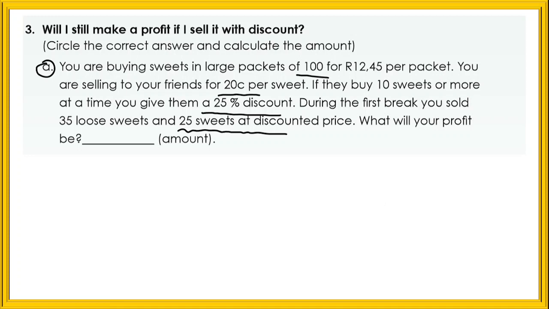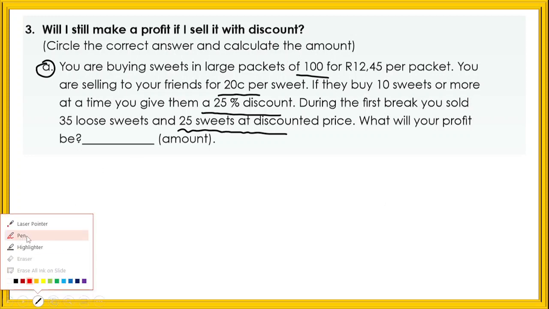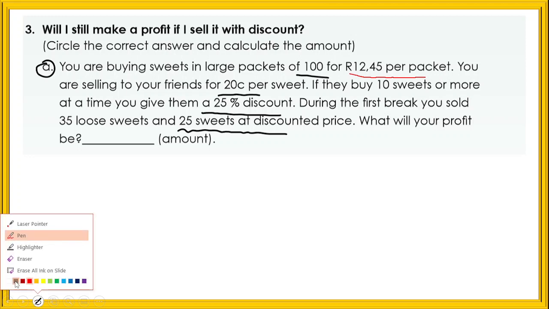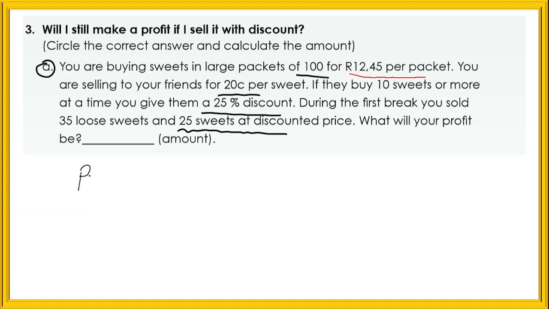Remember, we bought our sweets for 12 rands, 45 cents per packet. If you remember quite well, yesterday we said profit is equal to your selling price minus your buying price.